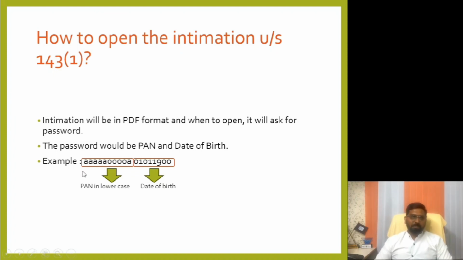An example of the password to open this intimation is given in the third point of this slide. The first 10 characters will be your PAN in lowercase only, followed by your date of birth. It should not contain any dots or slashes whatsoever.